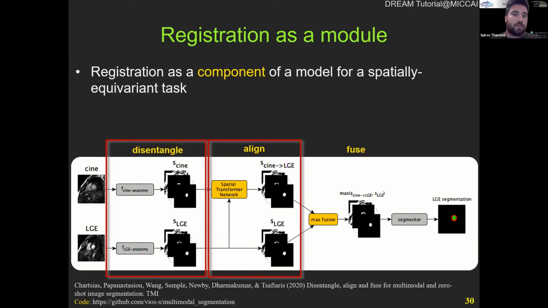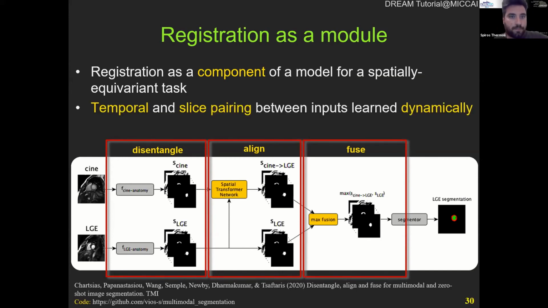You can use a spatial transformer network to align the anatomy of one input to the other. You can fuse the anatomical factors and use them as input to your segmentor. Also, this work supports temporal slicing, slice pairing between inputs, which is learned dynamically, and has been tested on cardiac and abdominal inputs.